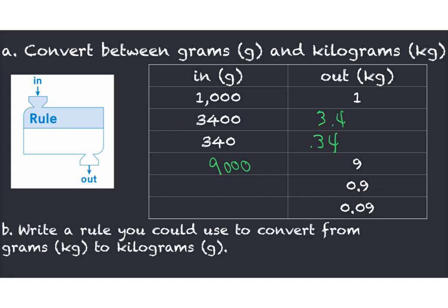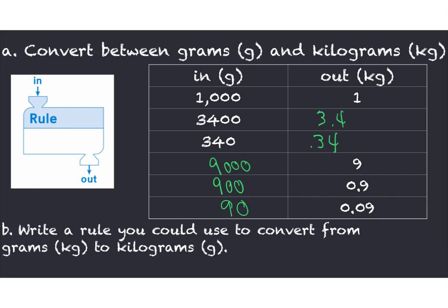So our answer here is going to be 900. And when we find out how many grams is in 9/10 of a kilogram, our decimal's right here, and we're going to multiply it by 1,000. So we're going to move it 1, 2, 3 places. And so our answer is going to be 90.